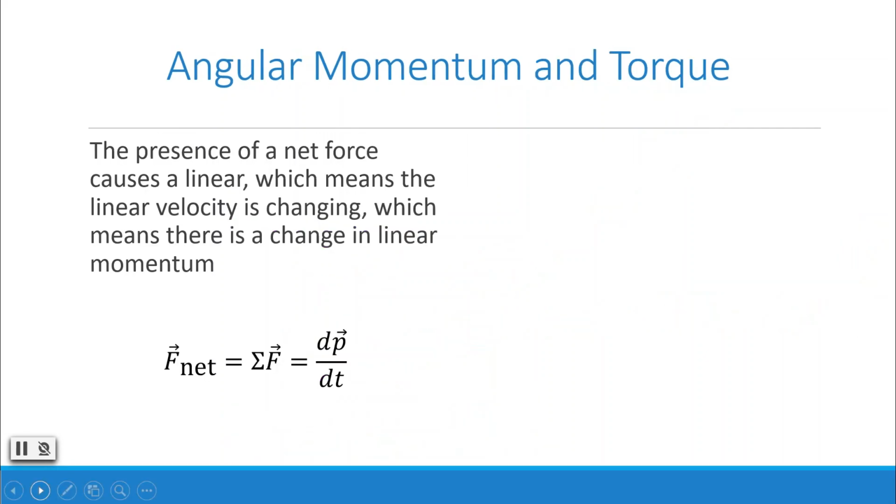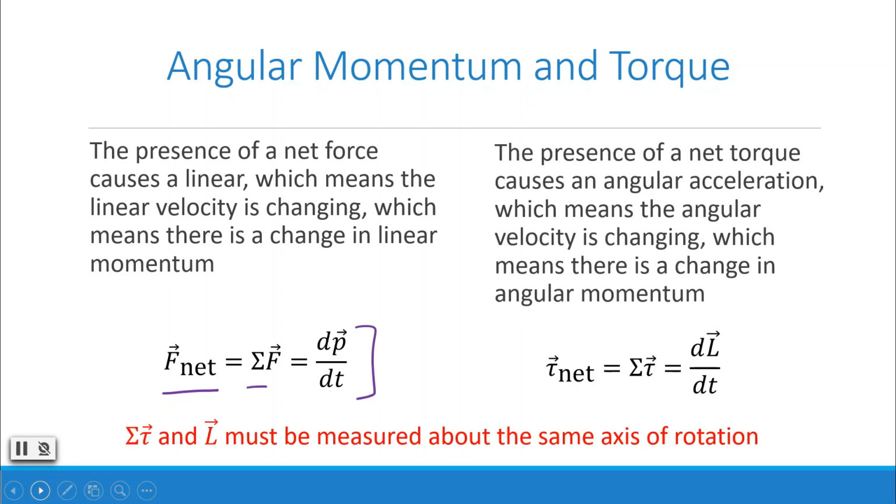Now, angular momentum also relates to torque. Newton's second law says that our net force is equal to the change in linear momentum over the change in time. So if you have a net force, there is a change in linear momentum caused by an impulse. Well, we have the same idea here with our net torque.